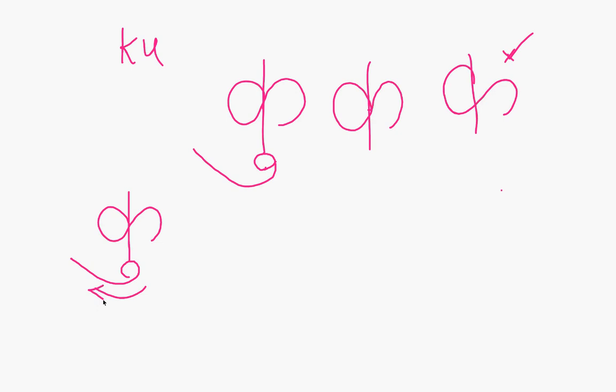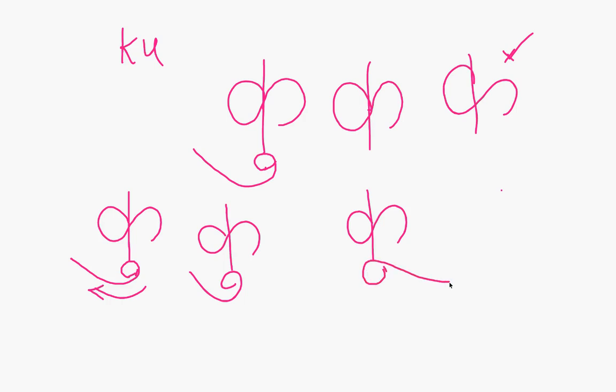If I don't make an exact, perfect circle, that's fine as long as I can understand. But for the long ku, here also I start it like this and then go like this, like this. So start with this direction, and go like this.